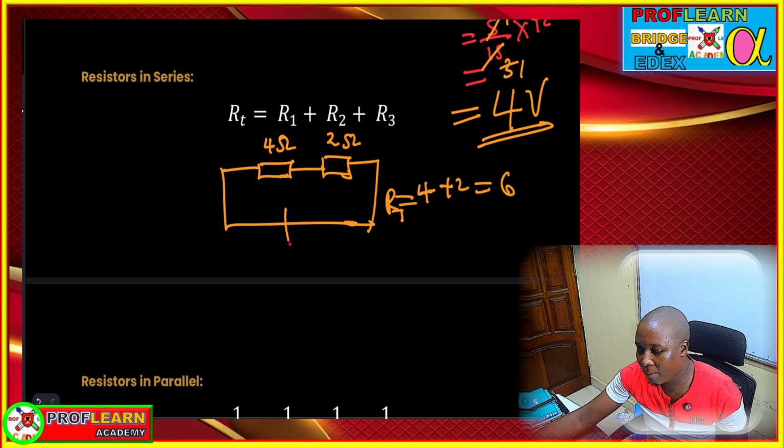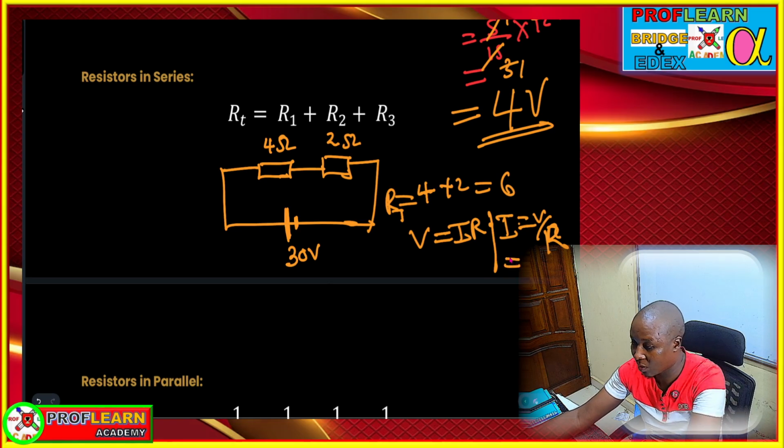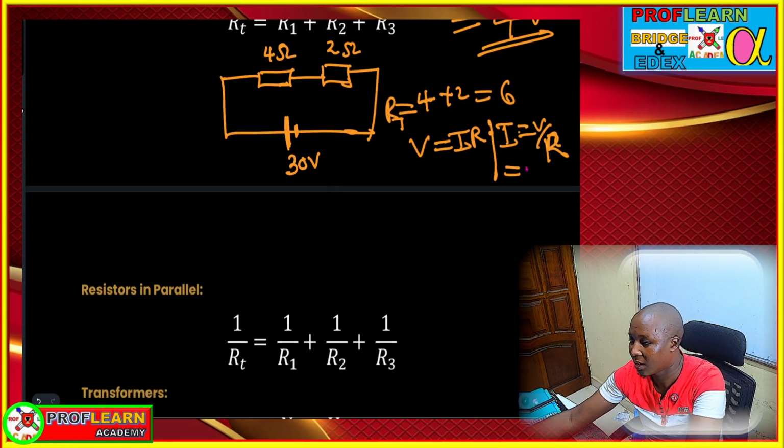Now, if maybe there was a potential difference of 30 volts, the current that is going to flow in this circuit here is going to be from V equals IR, so I is equal to V over R. So the current is going to be 30 over 6, and that is going to be 5 amperes.